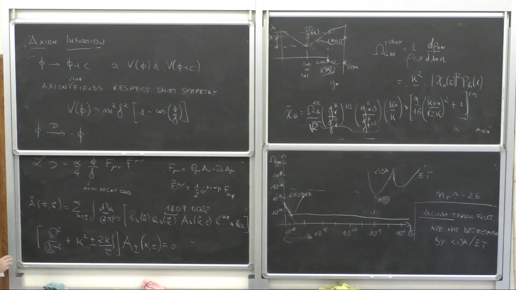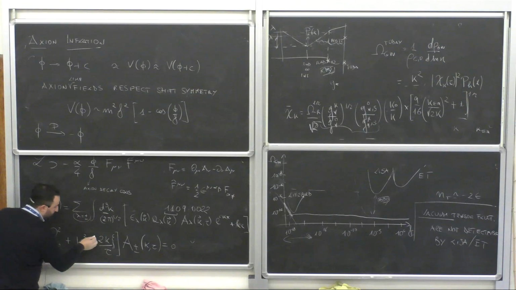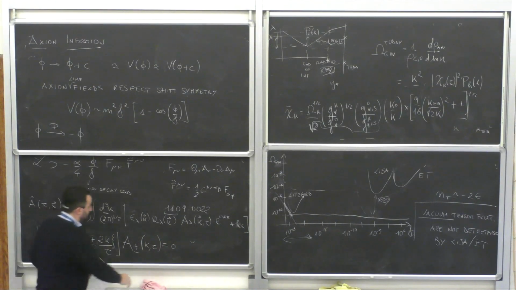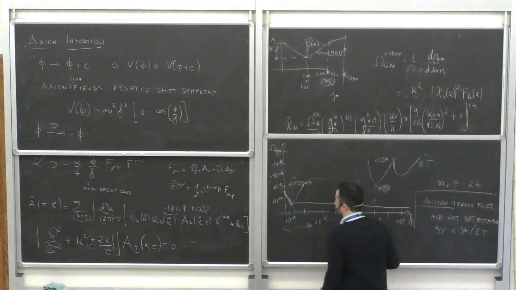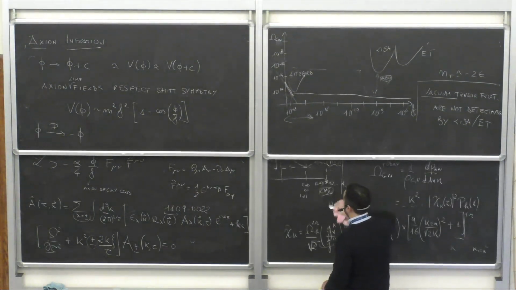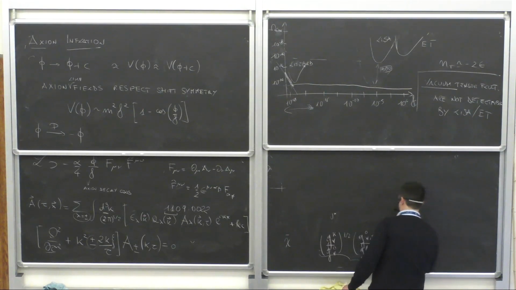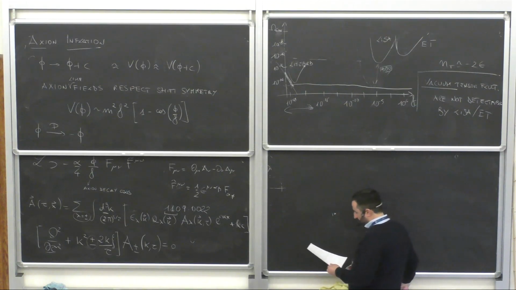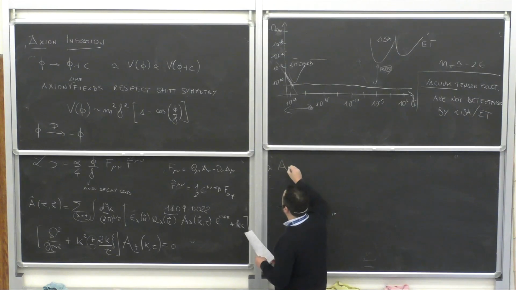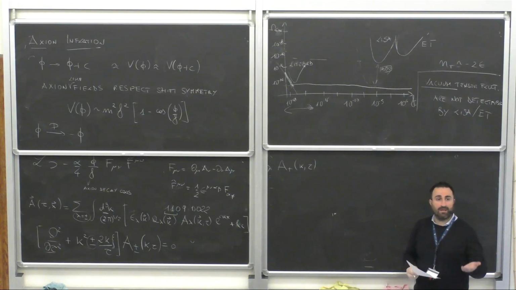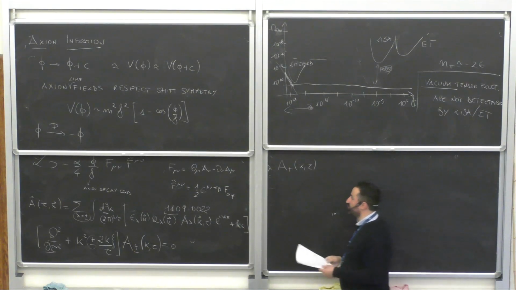Two important things. You have two polarizations, and you have two different behaviors for the A plus and A minus solutions. That's a peculiar feature of this model. If you solve this equation of motion, you will see that only one of the two solutions is amplified. While A plus, one polarization, is amplified, A minus is not amplified.